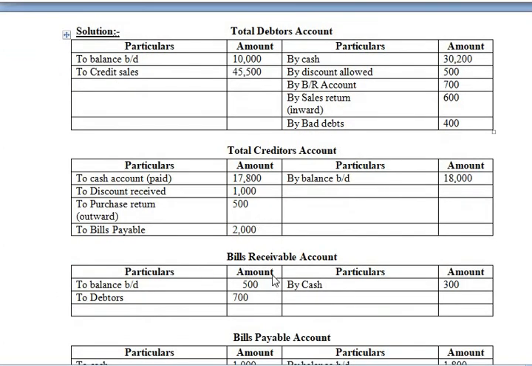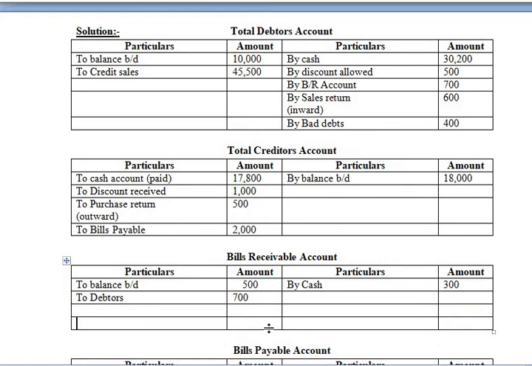When we close the bills receivable account, what will be the total here? 1200 rupees. Write down the same total to the other end, 1200 rupees.